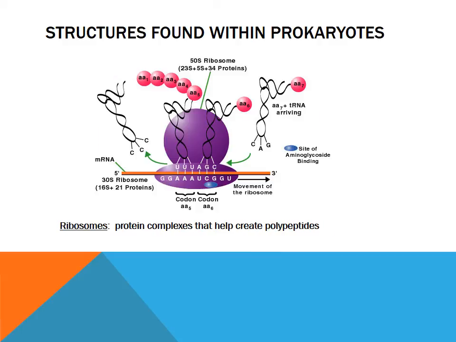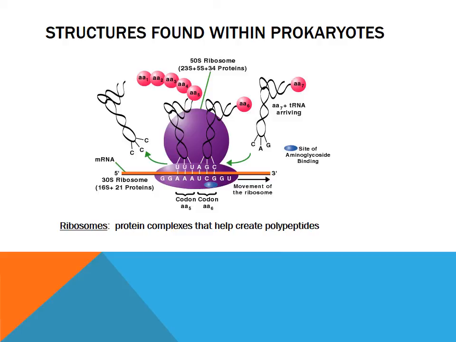And they all have ribosomes. We are going to talk a lot about ribosomes as your first introduction. Ribosomes help make polypeptides. They take a strand of ribonucleic acid, RNA, and they're able to translate that into a strand of amino acids, a polypeptide. What happens to the polypeptide after that?